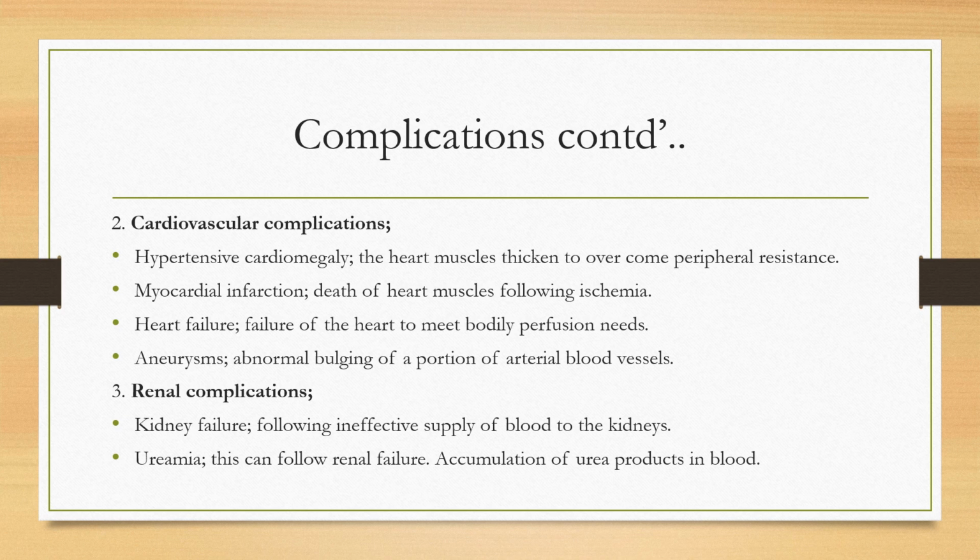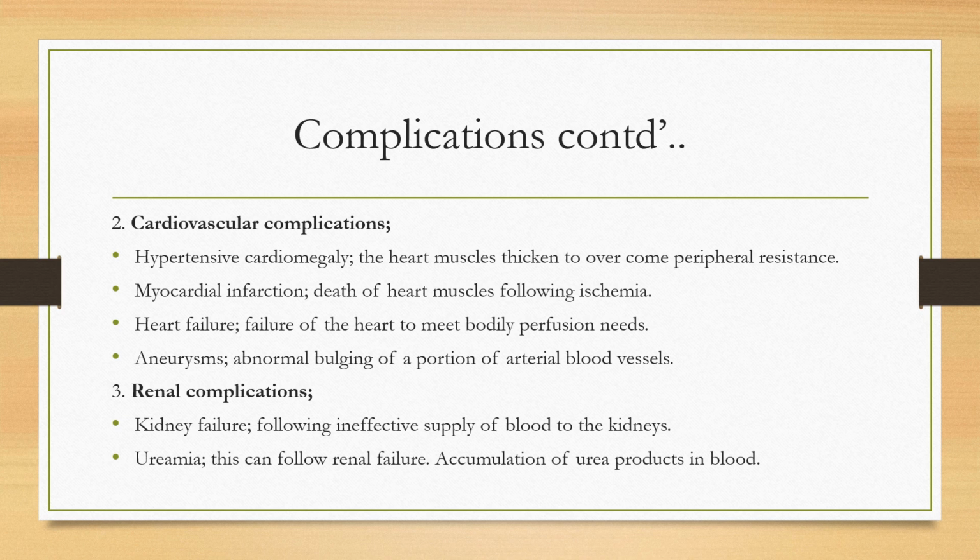Still, since this hypertrophy will be there but still not overcoming the resistance, we can have myocardial infarction, which is the death of the heart muscles following ischemia. Then heart failure consequently will develop, and aneurysms, that's abnormal bulging of arteries.